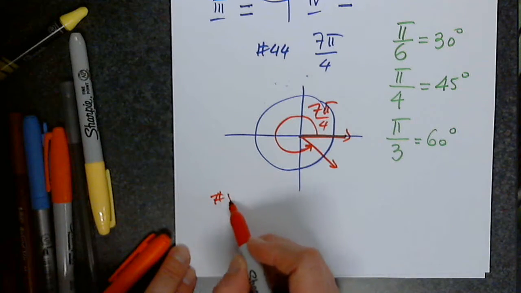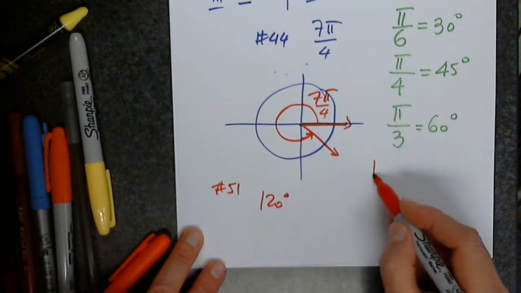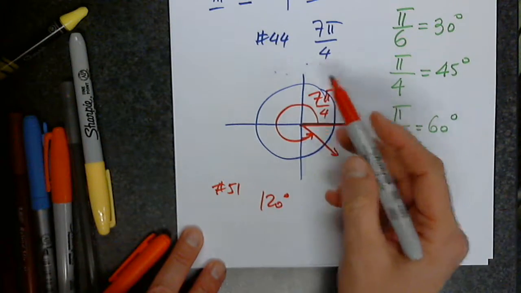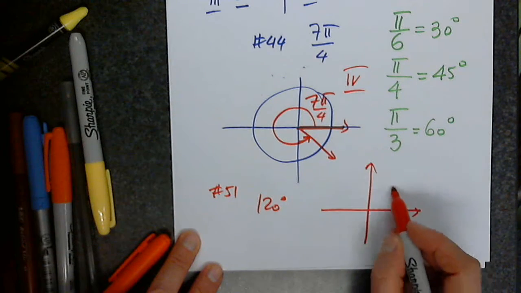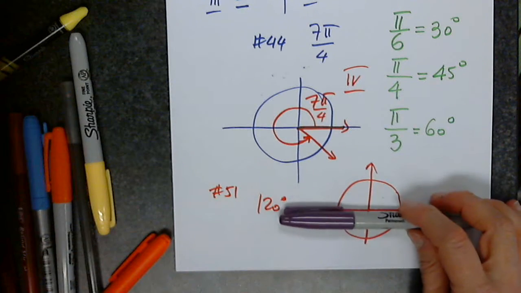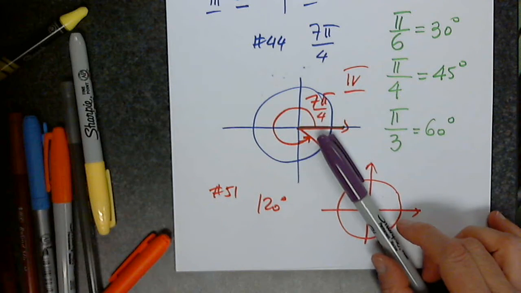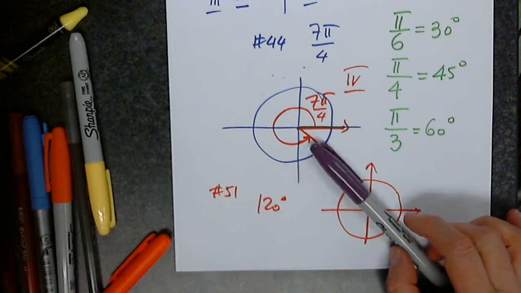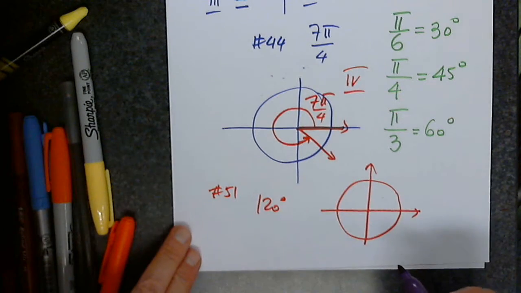Problem 51. They're asking us to place 120 degrees. For the previous one, the answer is the fourth quadrant, as you said. Now 120 degrees. I know that this one is 180, and I have to stop short how much? From 180 back to 120. So remember one thing.